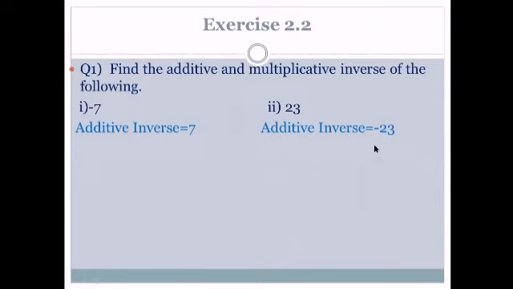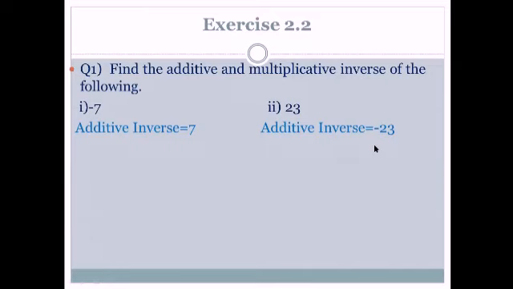In multiplicative inverse, you write the reciprocal of the number. You will not change the sign. The sign will remain the same. You just write the reciprocal. You know what reciprocal is: the numerator goes in the denominator and the denominator comes in the numerator.